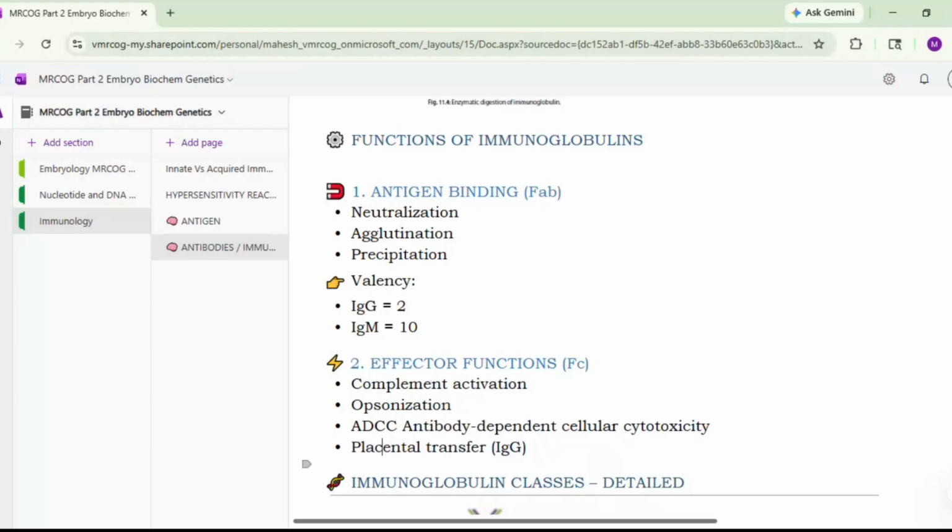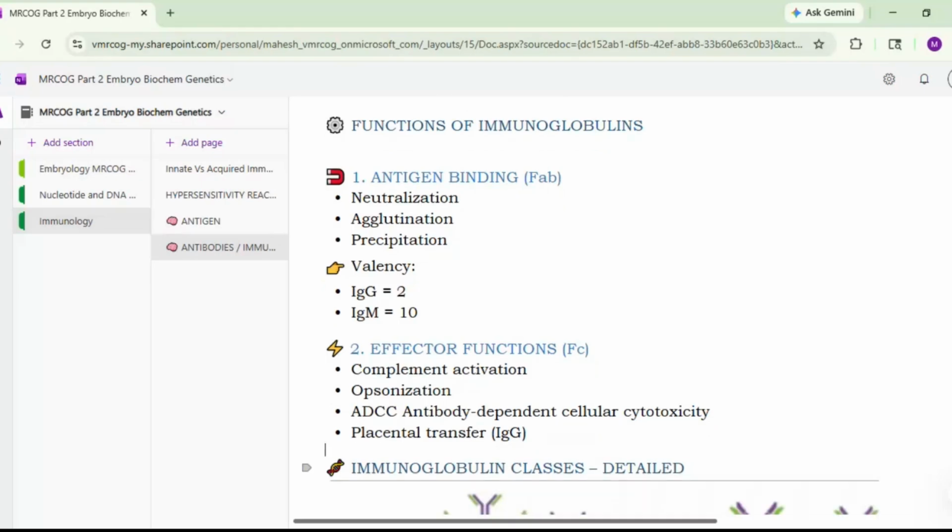This is a feature of IgG. So another function of antibody is effector function through the Fc part.